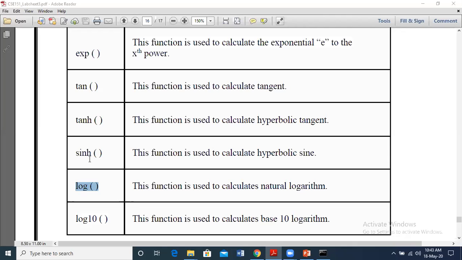E, ma'am. Natural logarithm, right? So natural log is log base e. Only log, if we write, is natural log. And if we have base 10, it is given as log10. Note that these are keywords. It has to be given like this only, in small letters. So log10 will calculate the value to log base 10.